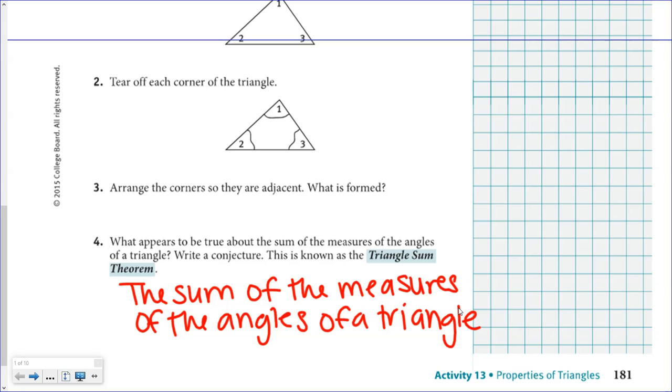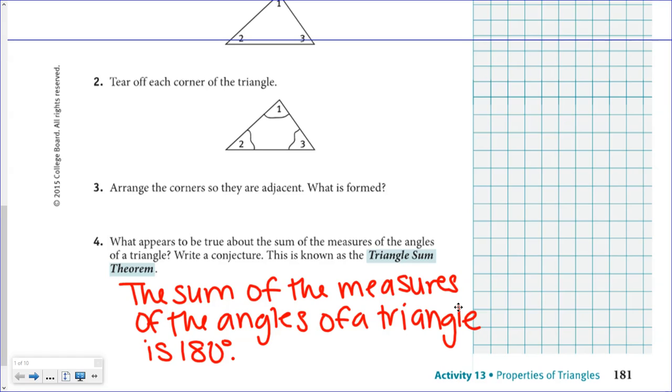A straight line has a measure of 180 degrees. So when you take your three angles and you add them together, you are going to result with 180 degrees. So the sum of the measures of the angles of your triangle is 180 degrees. That is the triangle sum theorem.